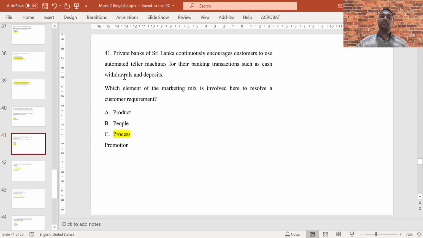This is not about introducing a new type of account or credit card or payment facility. This is about how a certain process is conducted. And this is not anything related to a promotion by the bank. So the process element is involved here because this customer requirement is concerned with the process of what is happening here. So the answer is C.